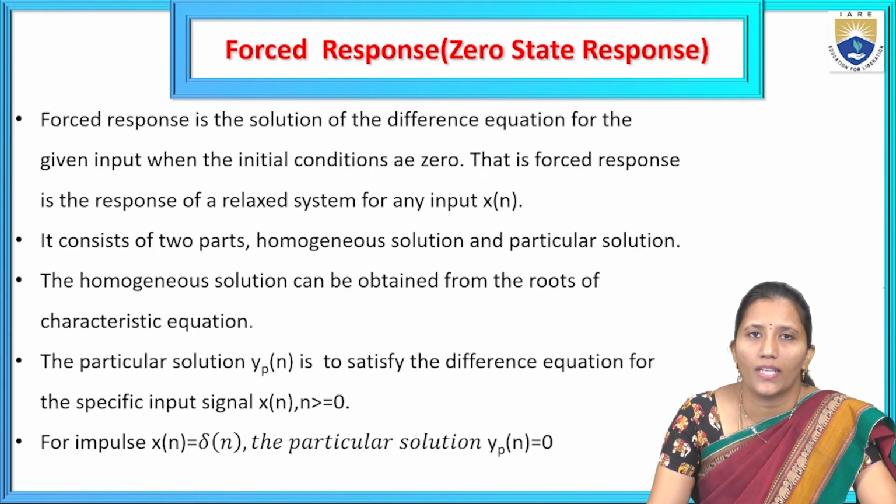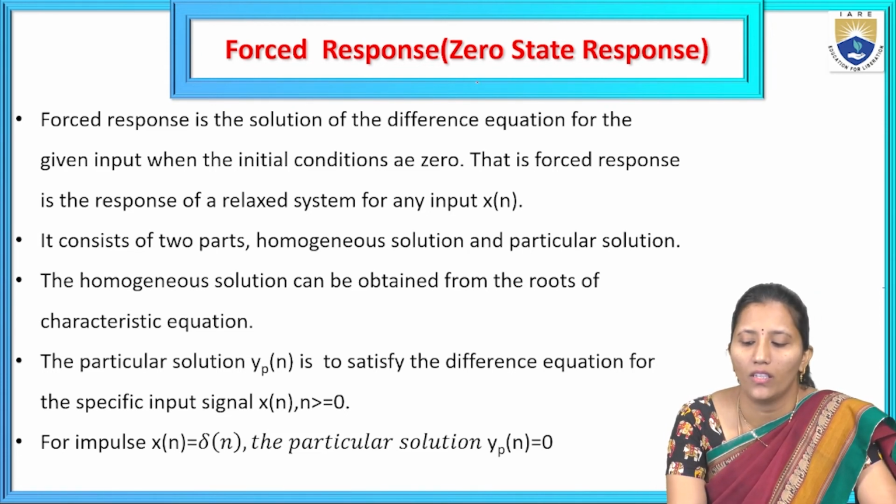So for forced response, what is forced response is also called as a zero state response. Here the name indicates zero state. Here the initial conditions, whatever the initial conditions for the system, we have to assume them equal to 0 and it depends only on the input. Okay, whenever we are giving only the input, what is the response of the system, we have to find out here.